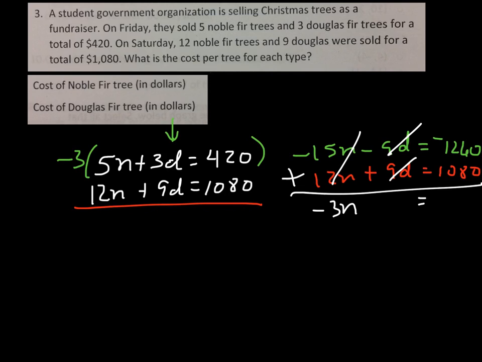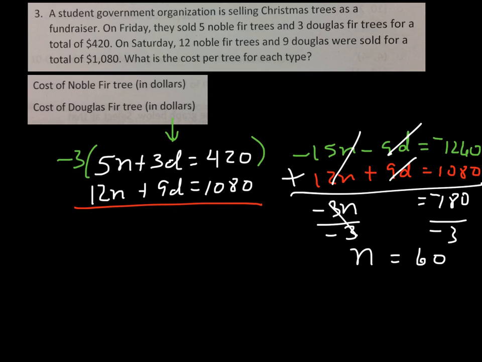And then I get -1260 plus 1080, which gives me -180. Then I'm going to divide by -3, and the -3's cancel out. I get N is equal to 60.